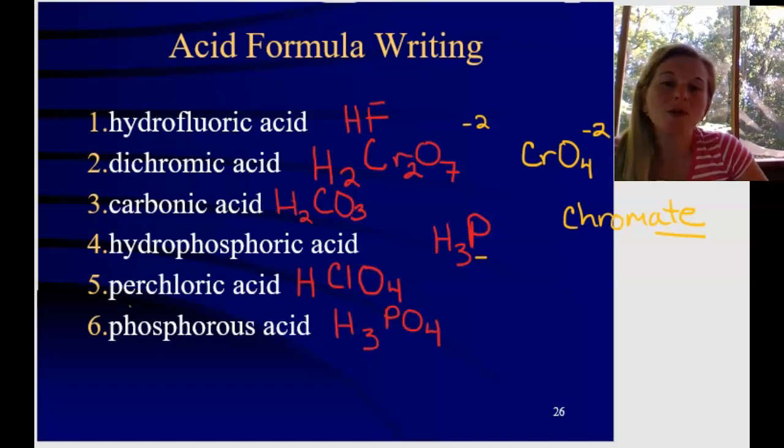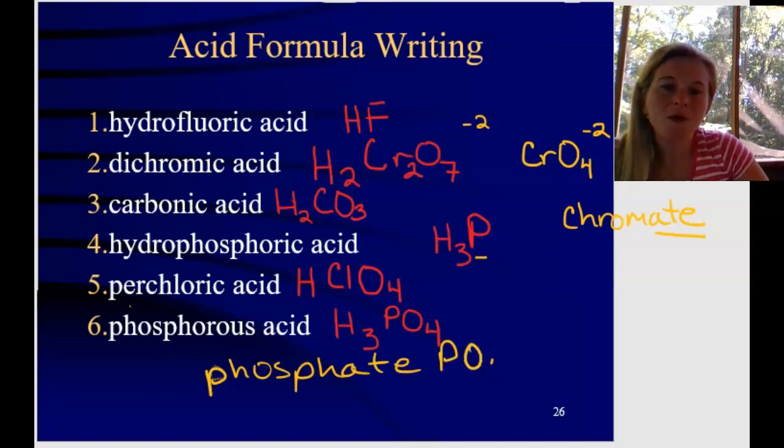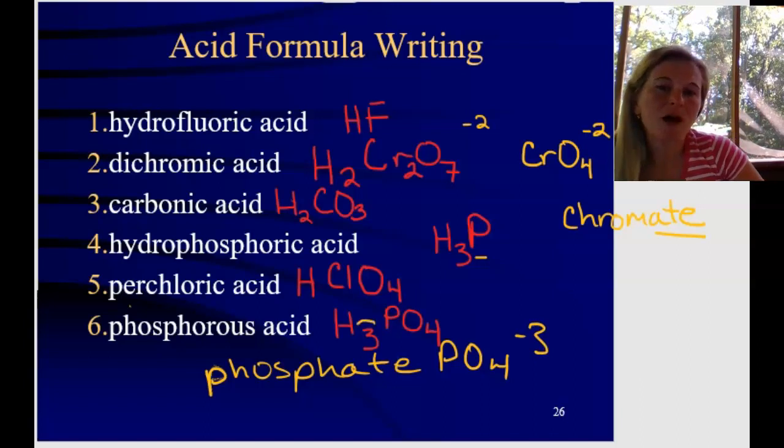So if we look at number 6 here, if we have phosphate, which is PO4 3-, then we do that swap and drop, and that's how we get the 3 hydrogens, and we put hydrogen on the front because it is an acid.